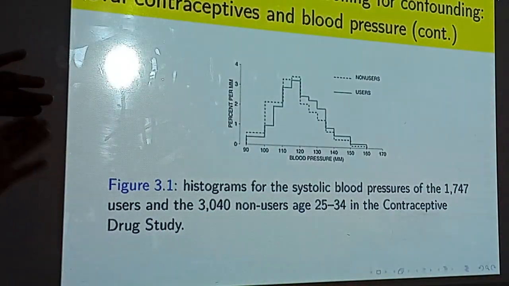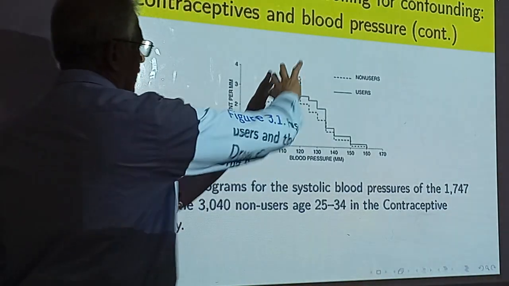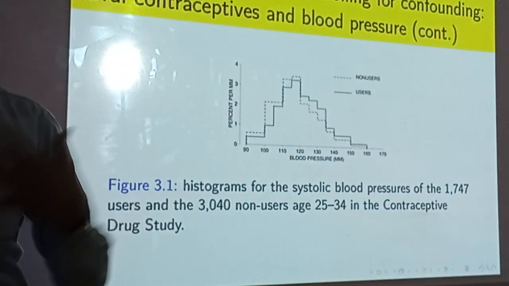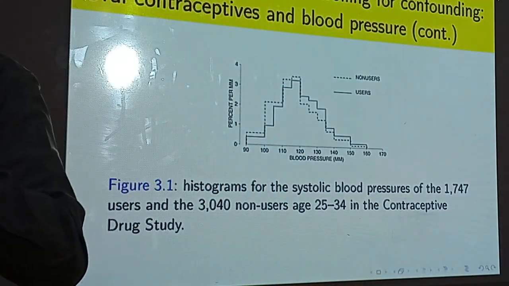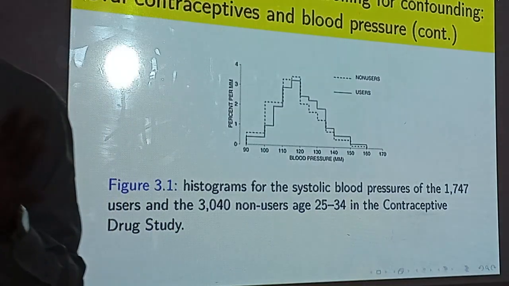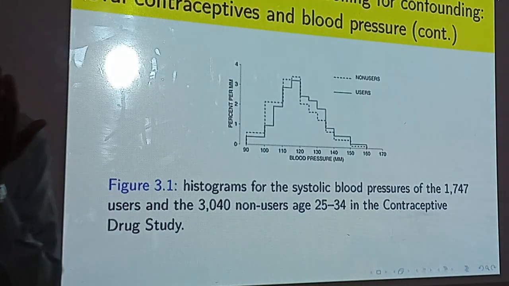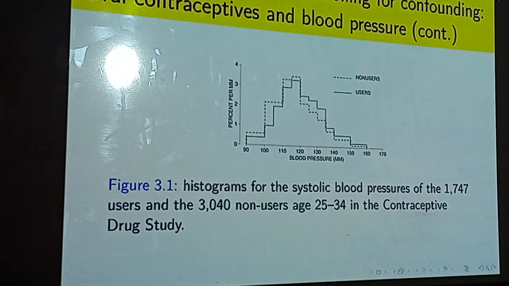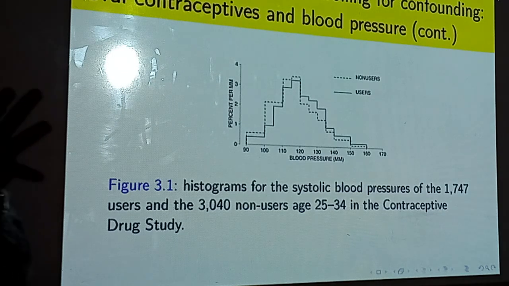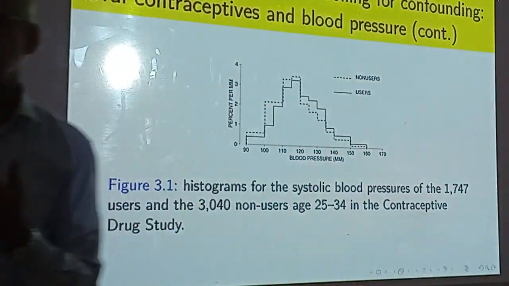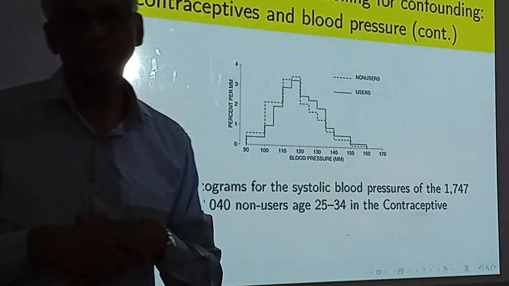If you push it so that it will be roughly the same, not exactly, there will be no systematic difference. Still there will be some difference, but that difference will look like a random difference. Then you can find out how much you have to add to the blood pressure of non-users so that you will have roughly the same distribution. In that way, you might be able to identify the real difference.